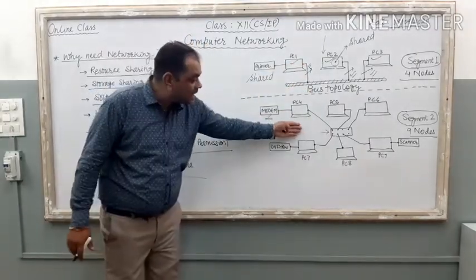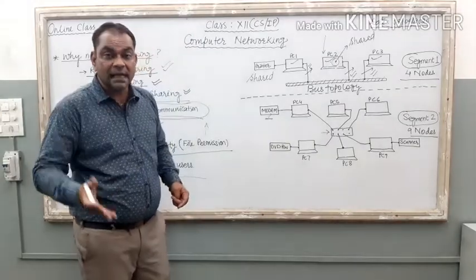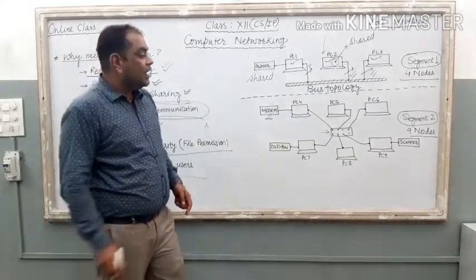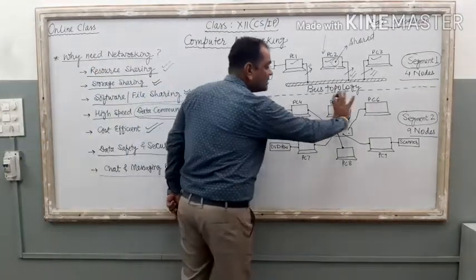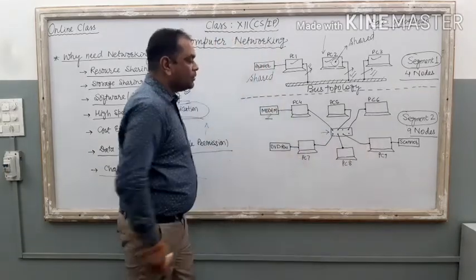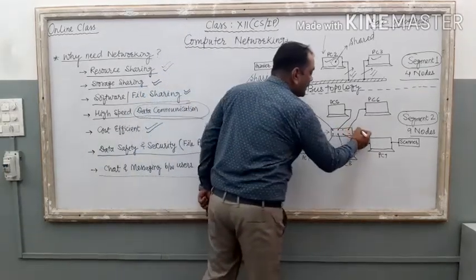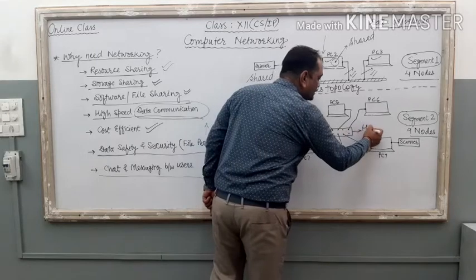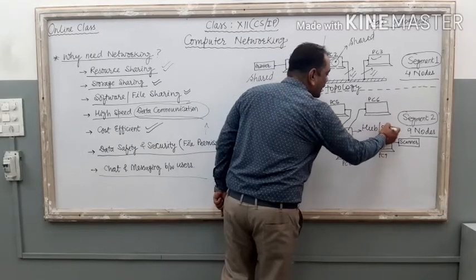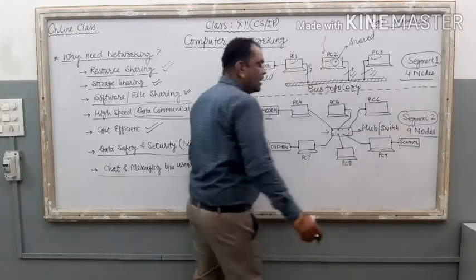Now just see the second diagram. Here a different style, a different approach is there. In this diagram, I connect these 6 computers with a central device. This central device is known as a hub, or you can attach a switch also.